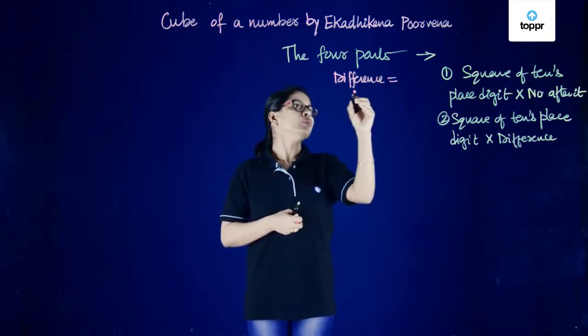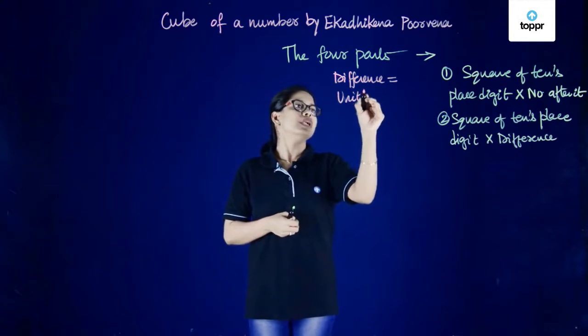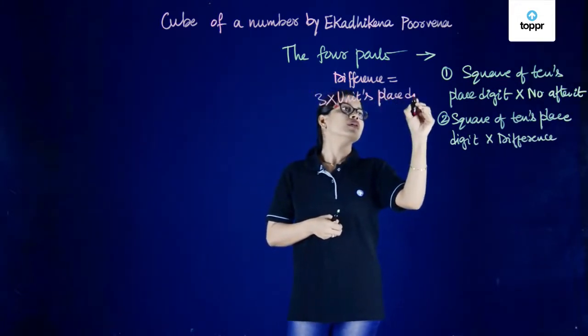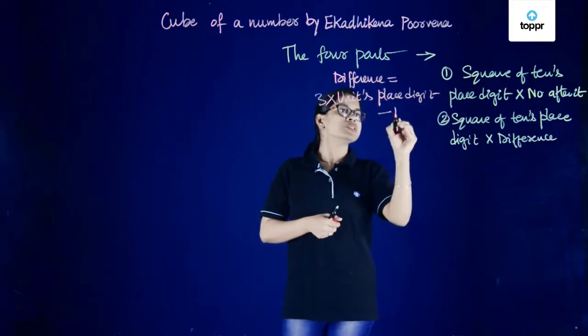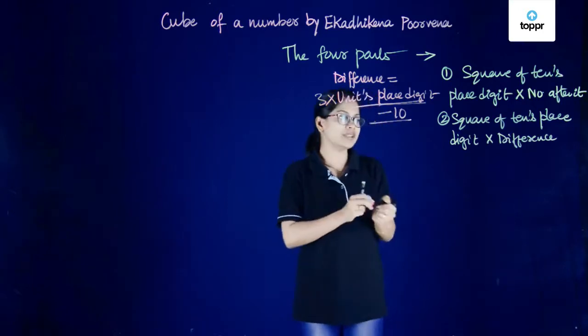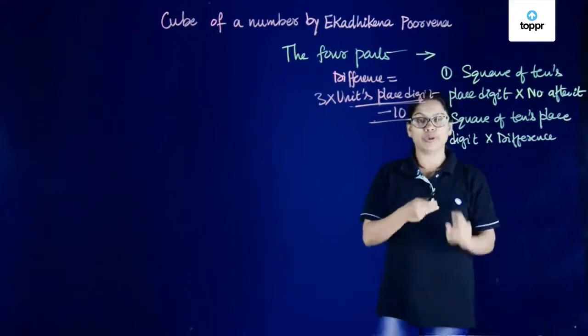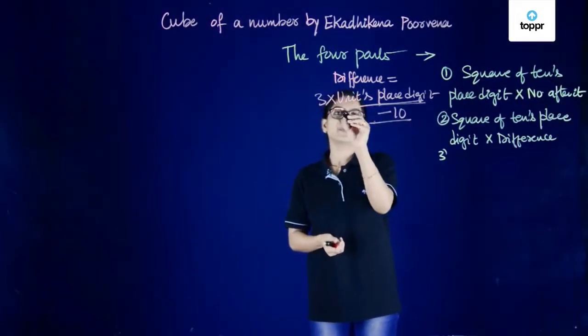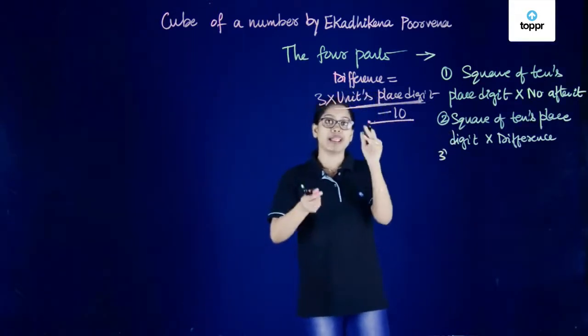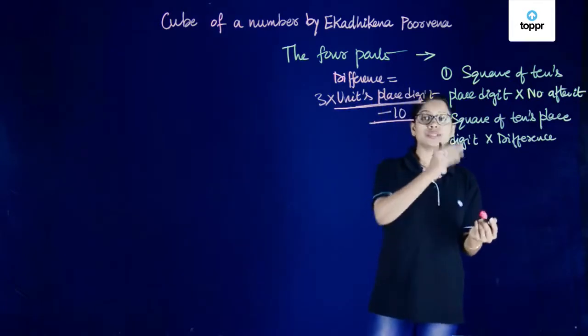Difference is equal to 3 multiplied by the units place digit, minus 10. So we are going to use this formula to find the difference and then use it in step 2.